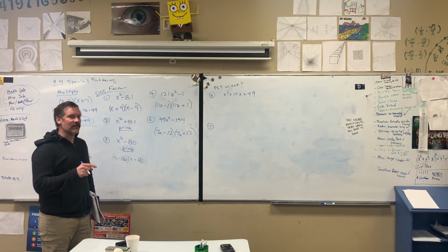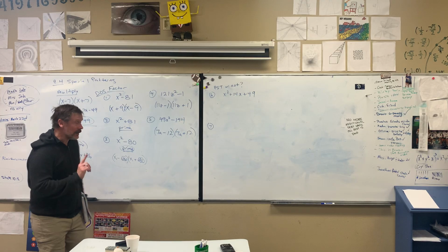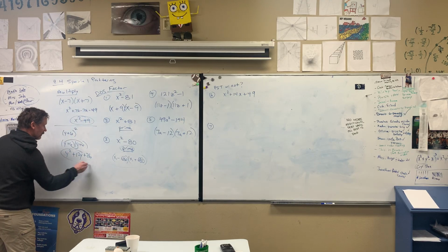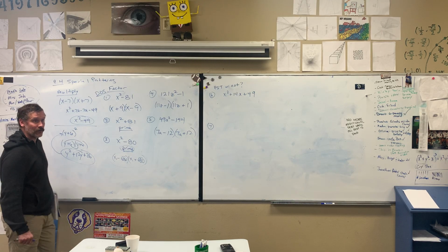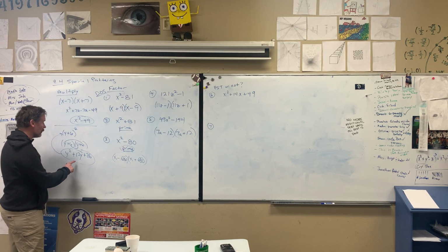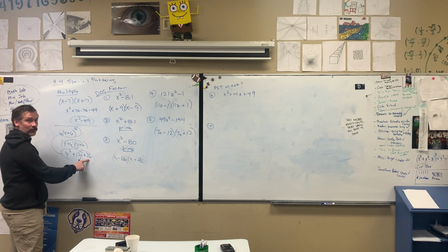Okay, this one says PST or not, right? PST, perfect square trinomial. Meaning, is it something that could turn back into something like that? That is a PST, perfect square trinomial. We call it a perfect square trinomial because this is a perfect square, something being squared, and trinomial because we have 3 terms written here.